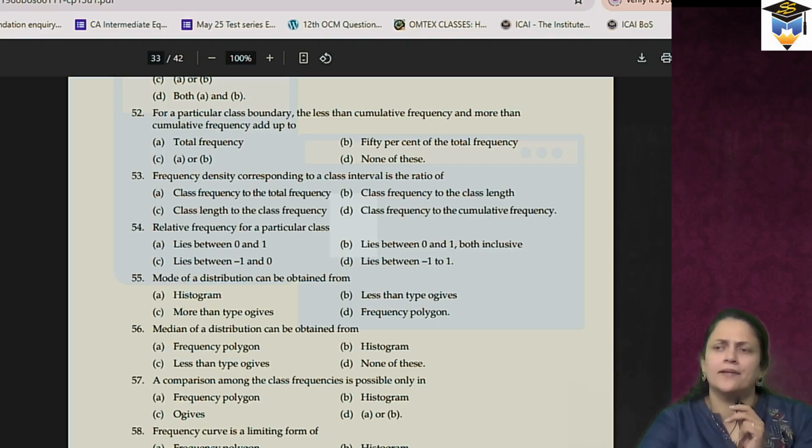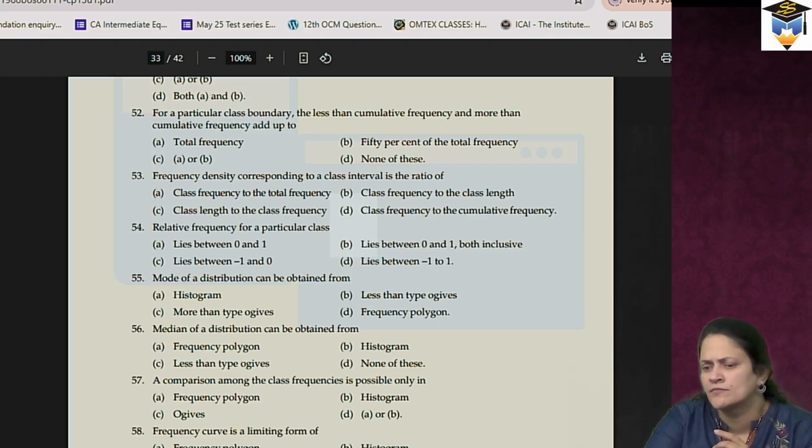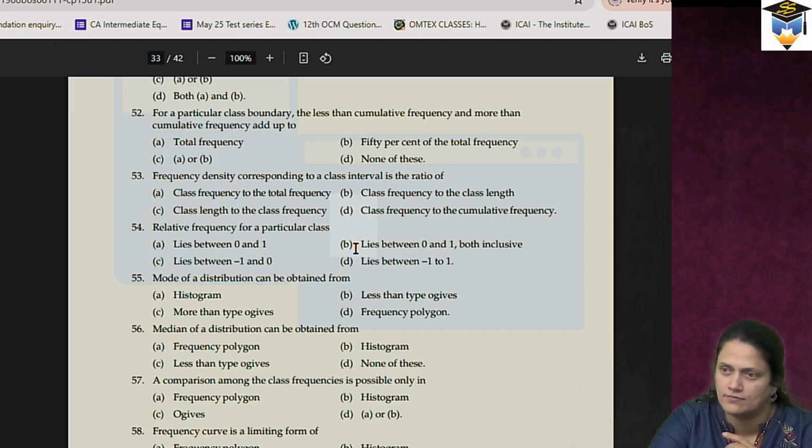Atharv, B or D? Class frequency to the class length. Yes, option B is the correct option. Bhavika, should I lock it? 54.